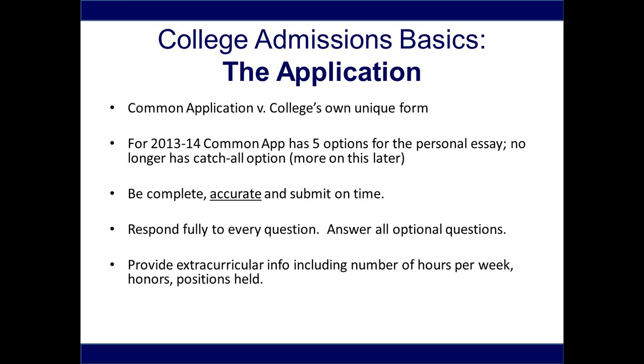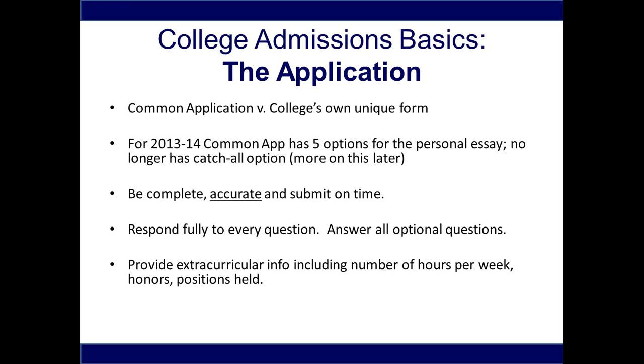Admissions officers can count, and they will be able to figure out quite quickly that there's no way that you could have spent 20 hours a week on homework, 30 hours a week on football, an extra 20 hours a week on debate, etc. So be as accurate as you can about the hours and the role that you played in each of those activities.